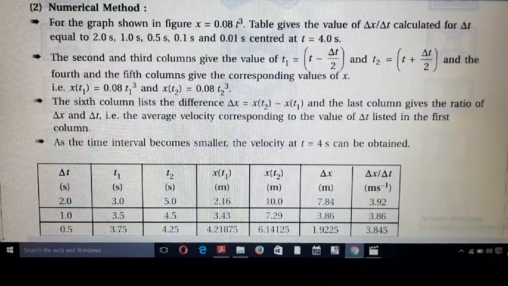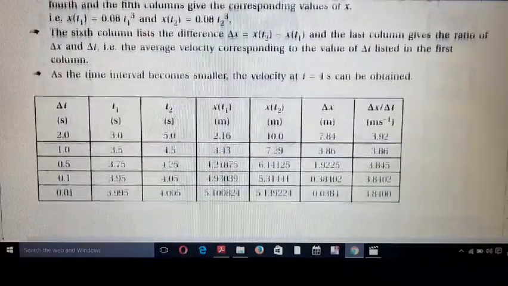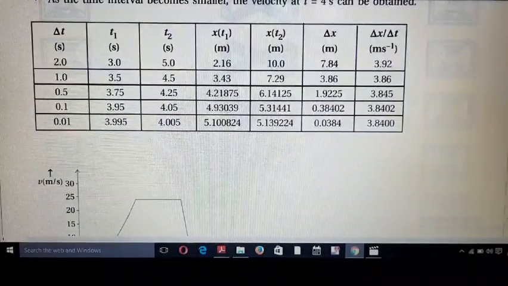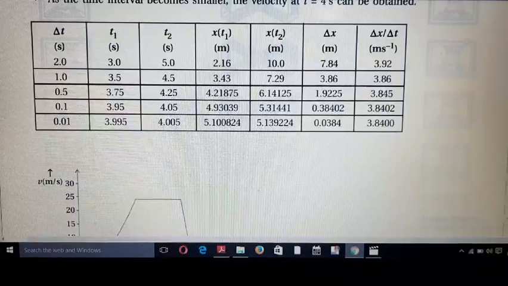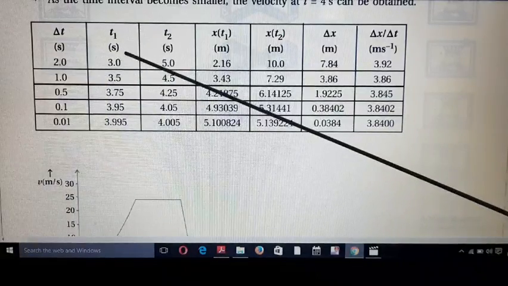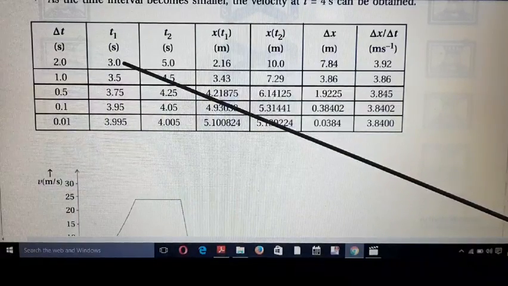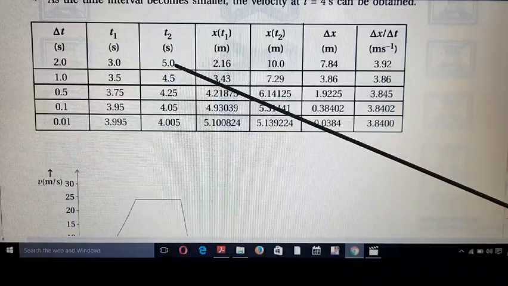Okay, so first of all we understand. Look here, we take time t1 is equal to 3 seconds and t2 is equal to 5 seconds.